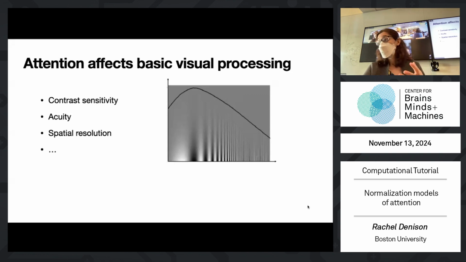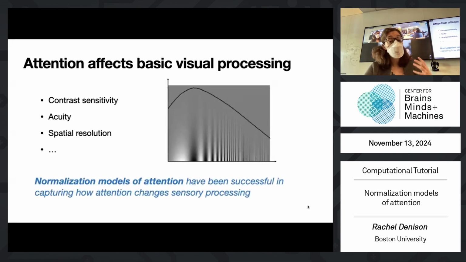And what I want to focus on today for this tutorial is this really nice body of work in the attention literature that asks, how can we use quantitative models to capture the way that attention affects this basic sensory processing? And there's this class of models called normalization models of attention that have been very successful in capturing how attention changes sensory processing.